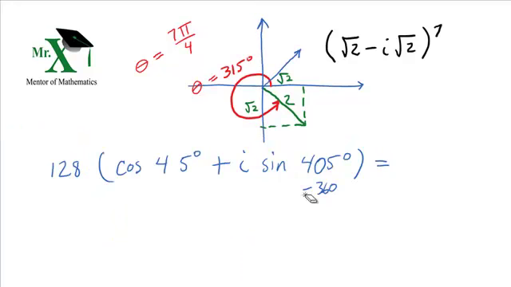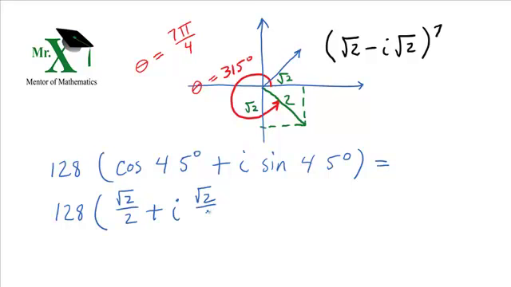Really shouldn't have this space in here, but this is 45 degrees. 405 minus 360 is 45. So we just bring it home: 128 times the cosine of 45 degrees plus i times the sine of 45 degrees.